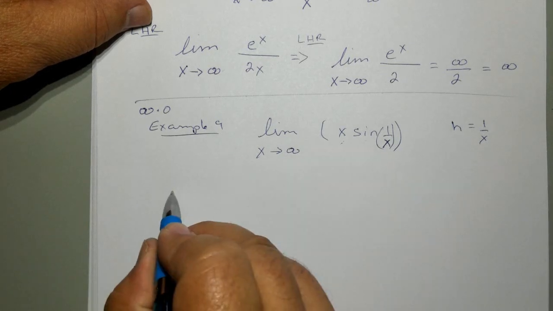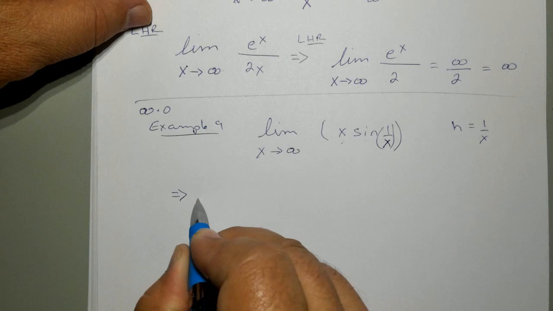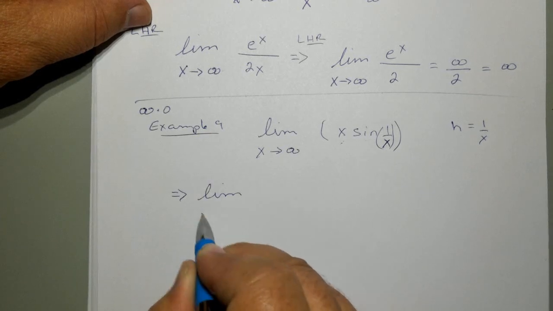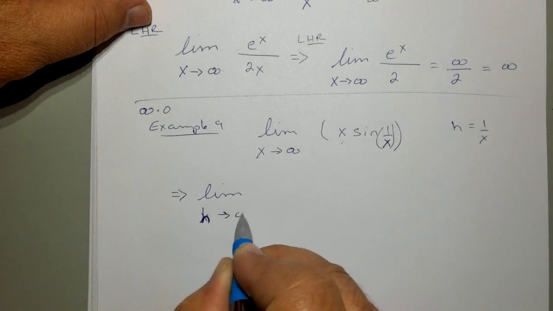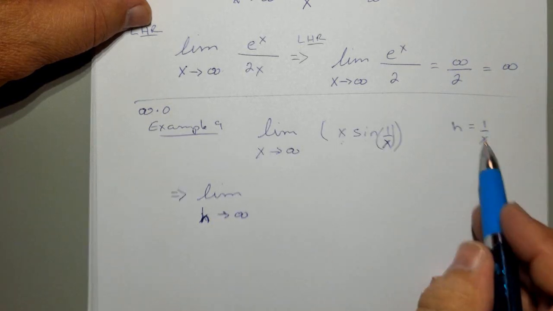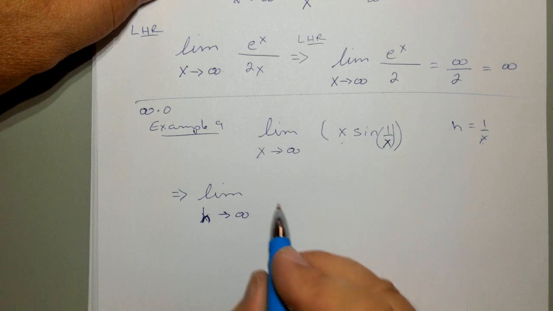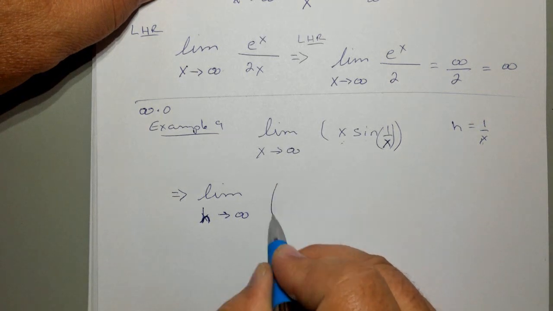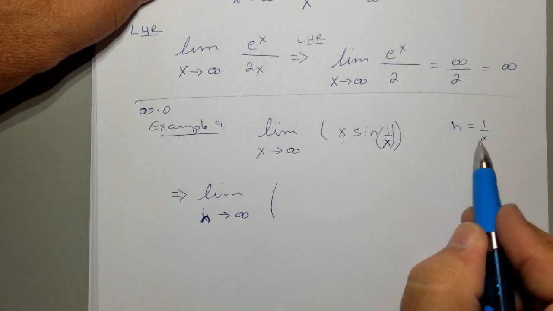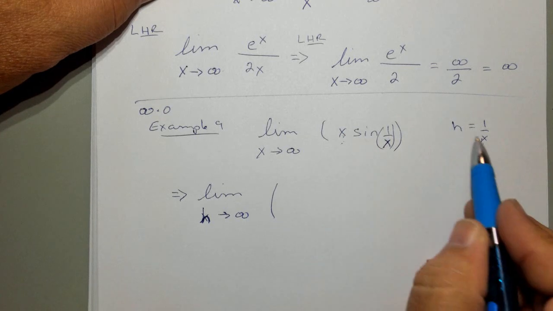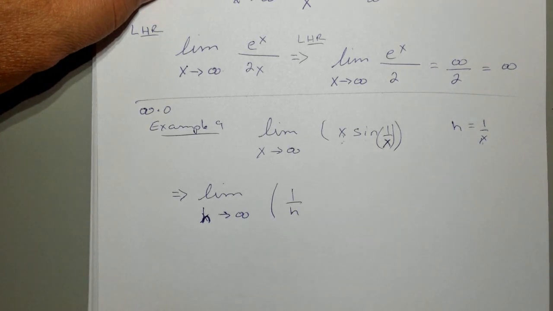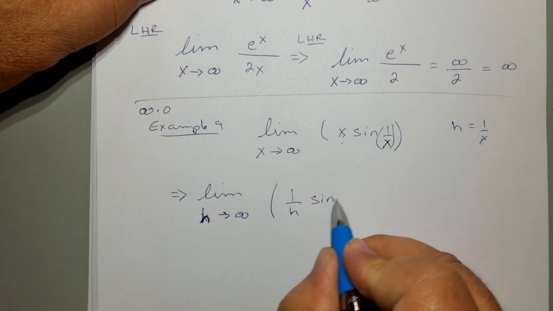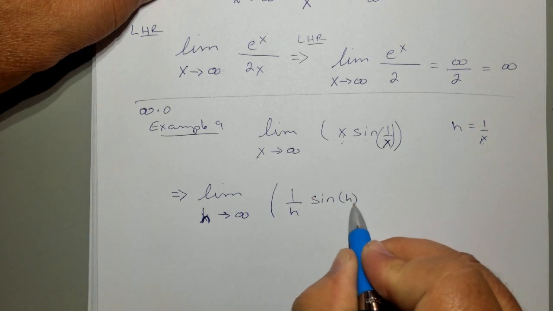So our equation now becomes, as h goes to infinity, because we now switch it from x to h, x itself would be 1 over h, times sine h.